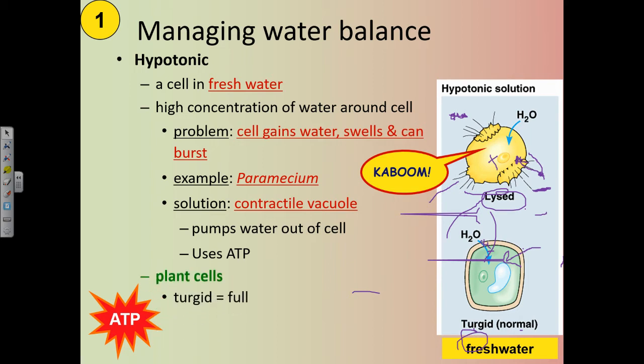In plant cells, this is called turgid or turgor pressure. I'm going to write turgor pressure over here. So when we talk about this, I'm going to say turgid, or it has more turgor pressure. The nice thing about plant cells is this cell is not going to burst open because it has a protective cell wall.